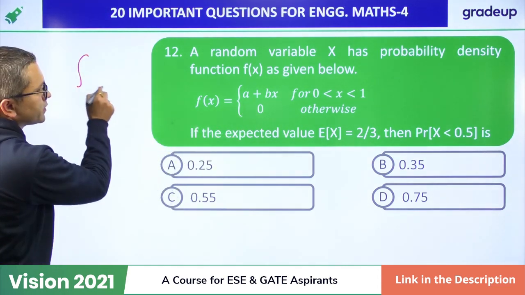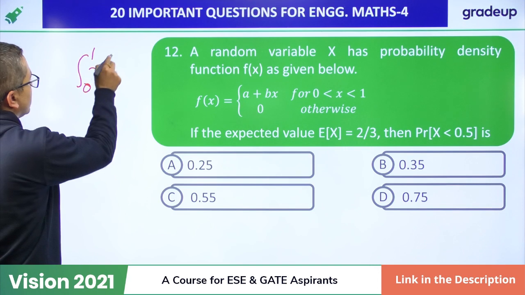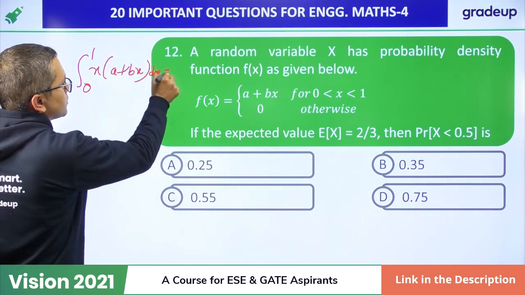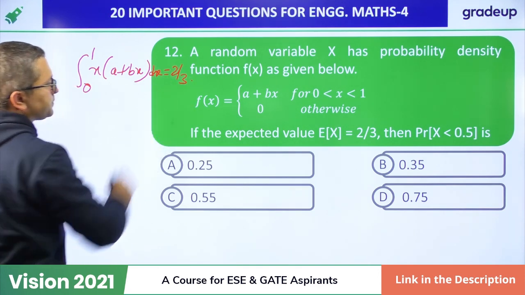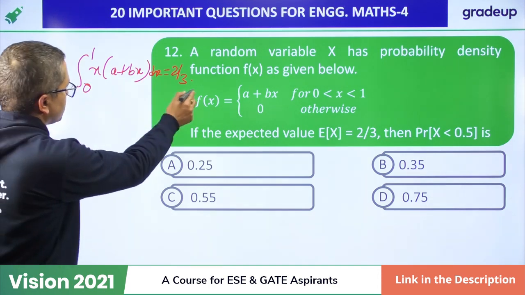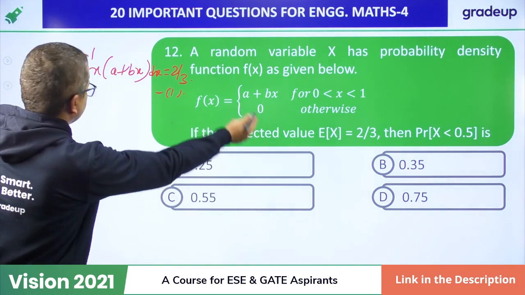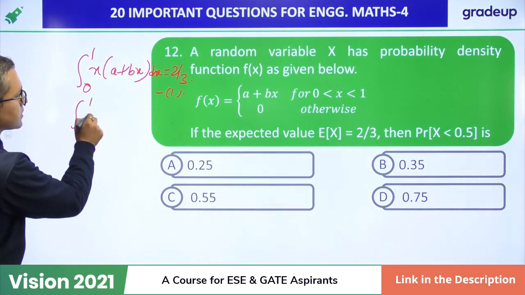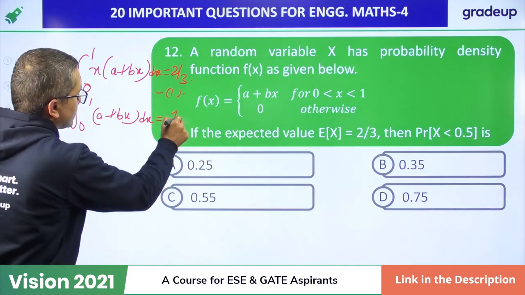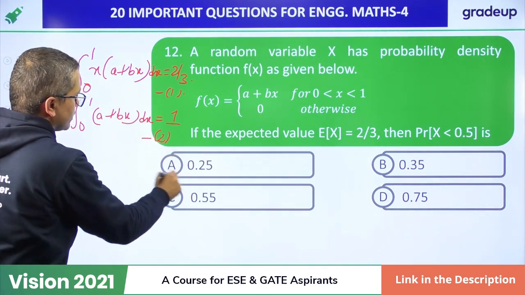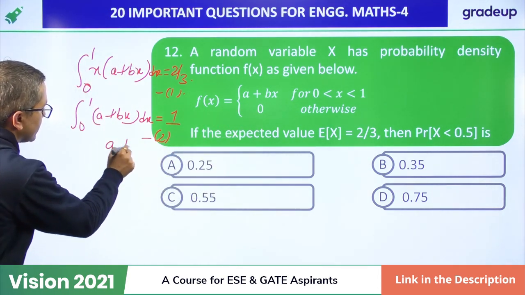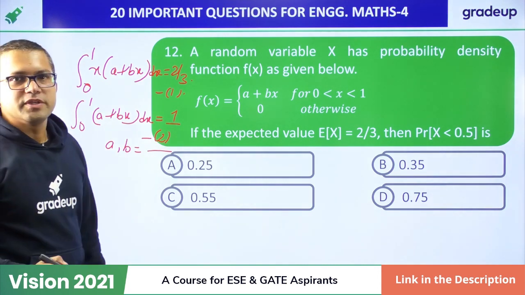So if you integrate x into a plus bx dx, that's given to be 2/3, equation number 1. And because this is a probability density function, if you integrate a plus bx dx, that should sum up to 1. If you solve these two equations, you'll get the values of a and b.